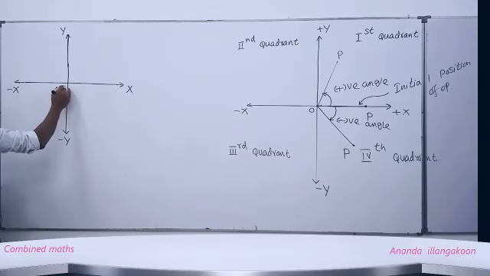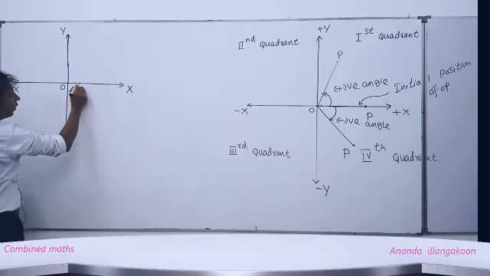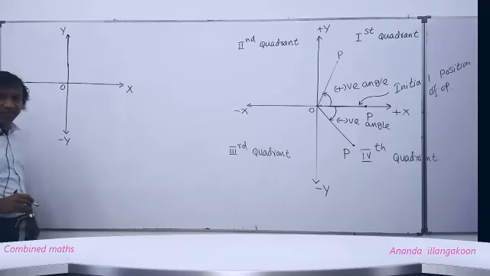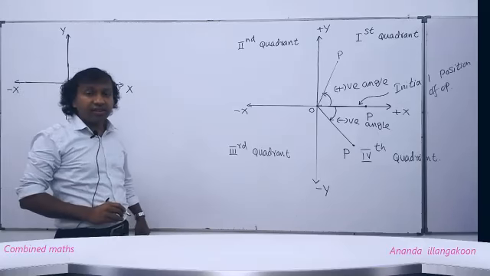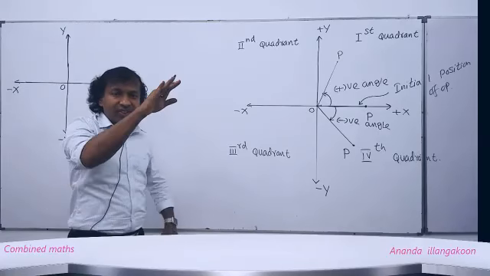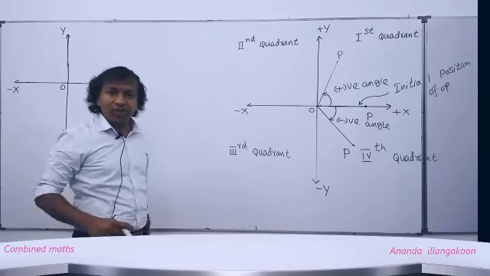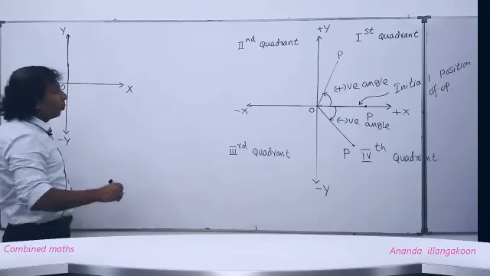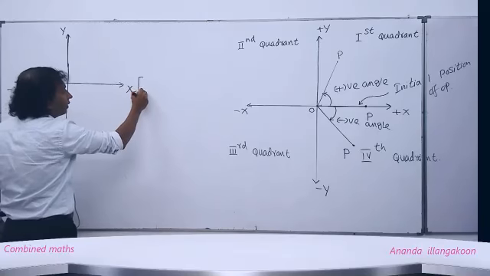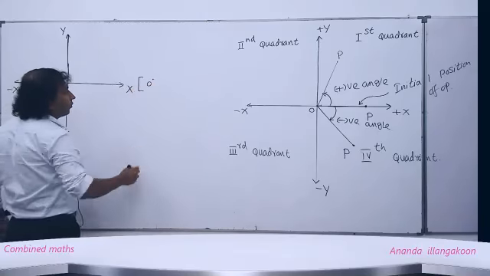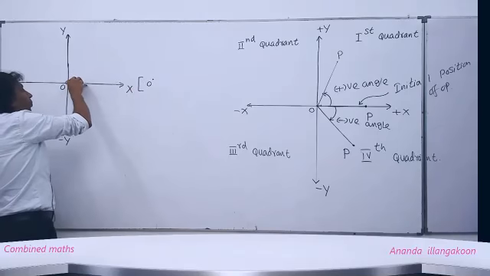Right. People, now when this OP is on the x-axis itself, what is the angle? No angle when this OP is on the x-axis. That I am going to write like this: 0 degree when OP is on the positive x-axis.